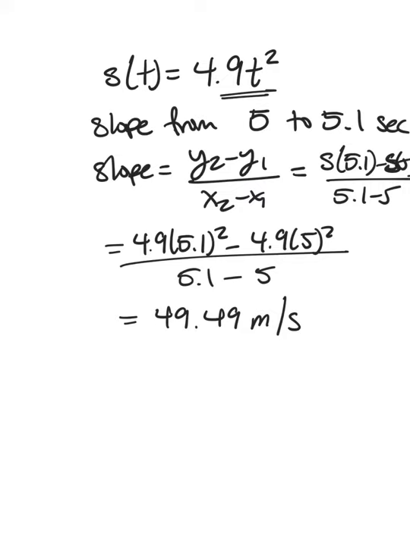I did the whole math for you. But the thing is, this is still from 5 seconds to 5.1 seconds. This is not really telling me what it is at 5 seconds. So this is what we're going to end up doing next.